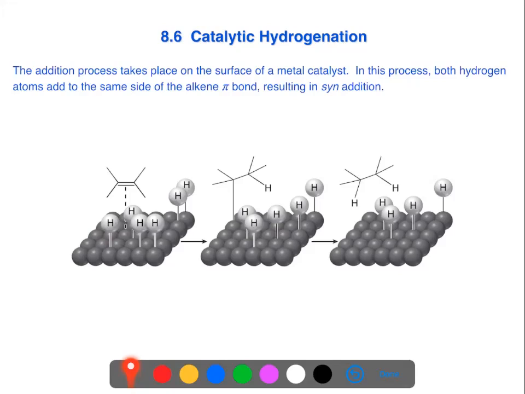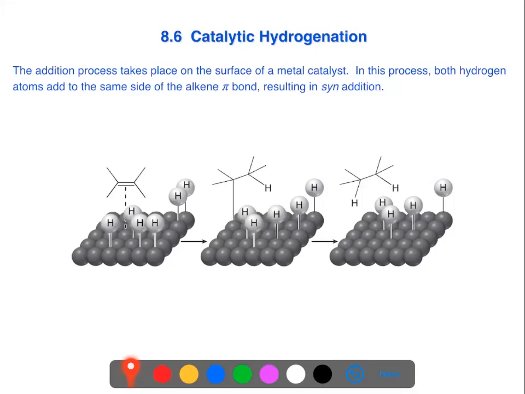It's at that point that we have individual hydrogen atoms forming new bonds with that alkene. In the first step, we see this association of one of the carbon atoms with the metal surface, and at the same time, the other carbon is going to pick up a hydrogen from the metal surface. Then with time, this bond will break and be replaced with a new carbon-hydrogen bond.